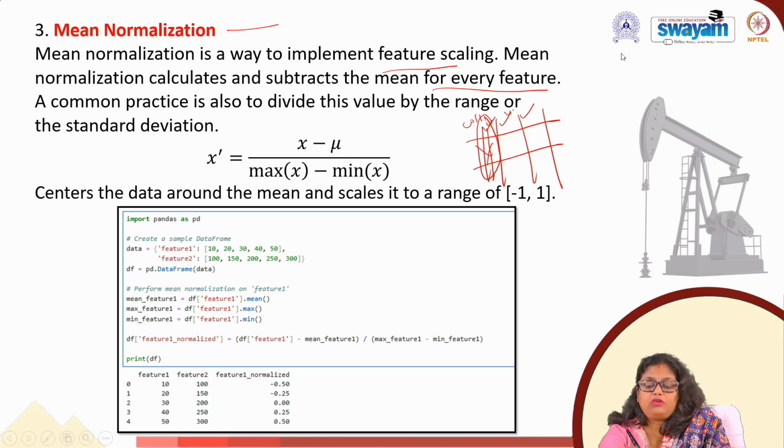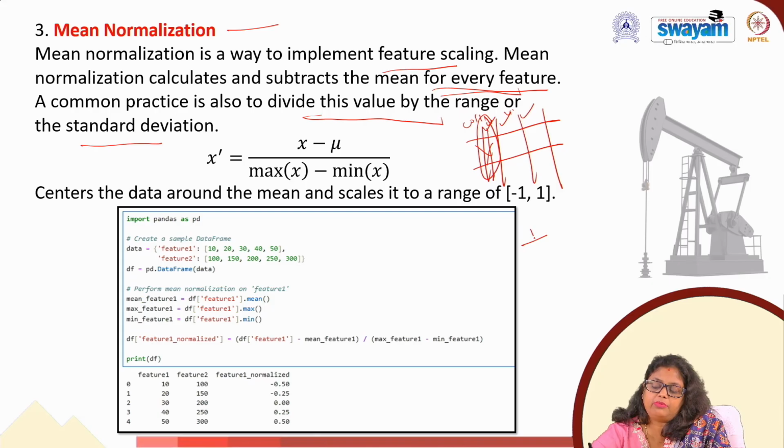In mean normalization, calculate and subtract the mean for every feature. A common practice is also to divide the value by the range or the standard deviation. The range means, for a particular feature, the maximum value and the minimum value.